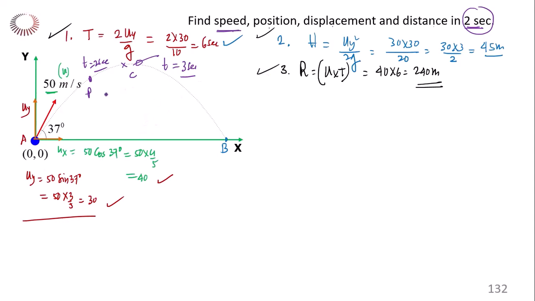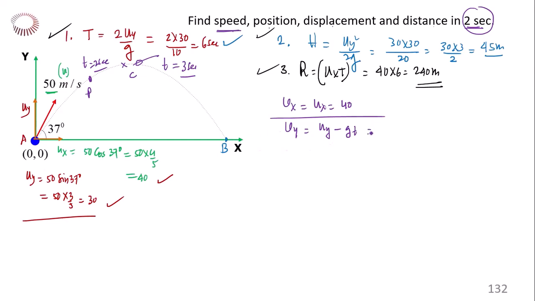Now at that point, I want to calculate the velocity. I know that the velocity along x remains the same, equal to Ux, that is 40. So there is no change in the velocity along the x component. Velocity along y should be Uy minus g into t. Why negative? Because g is always negative.